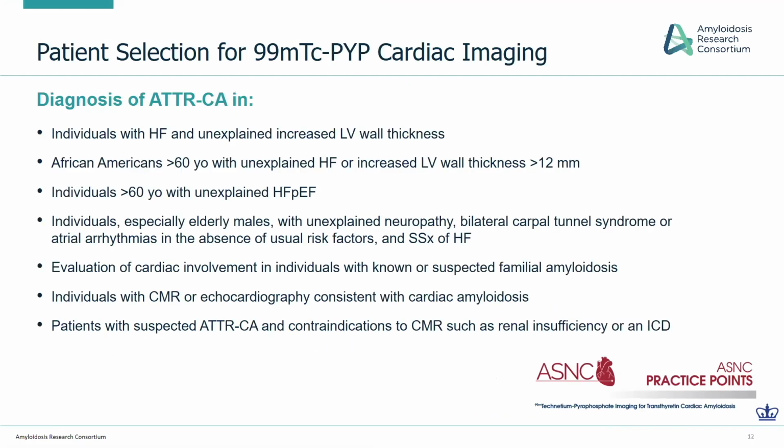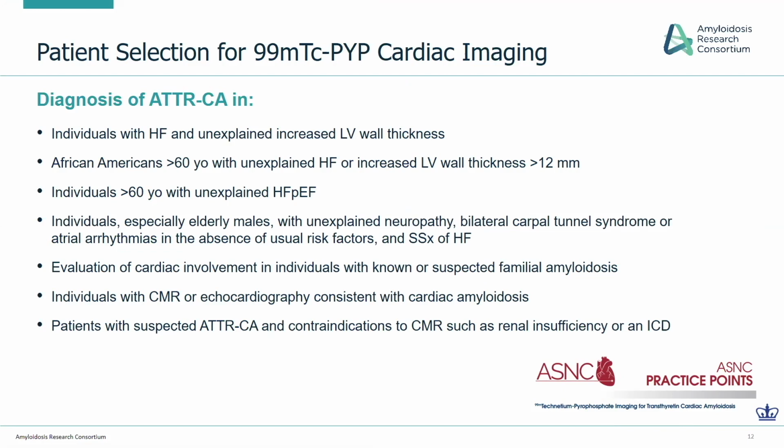If you're thinking about performing the test, again, these are individuals who, according to the ASNC practice points, American Society of Nuclear Cardiology, are appropriate for PYP imaging. Again, individuals with heart failure and unexplained increased wall thickness, particularly African Americans over the age of 60, because they carry a mutation in the TTR gene called the Val122Ile mutation that's prevalent in 3.4% at birth and leads to late onset transthyretin amyloidosis.